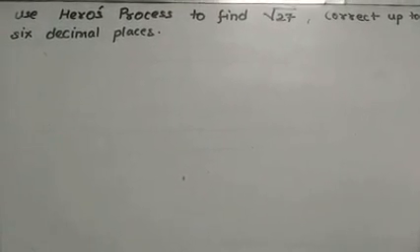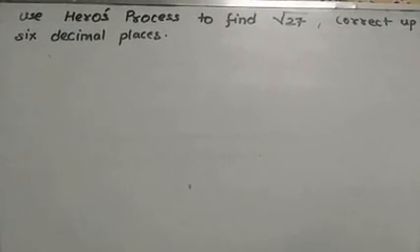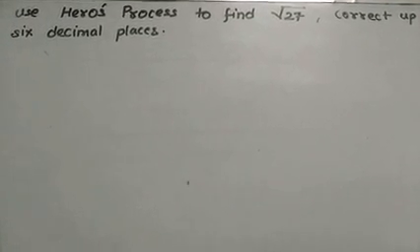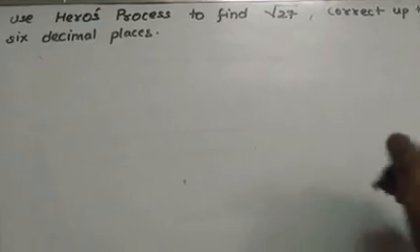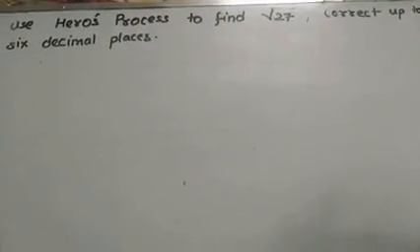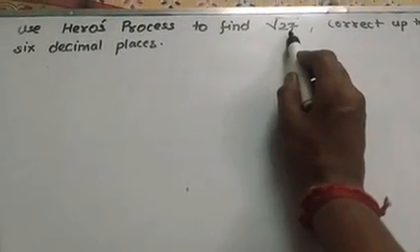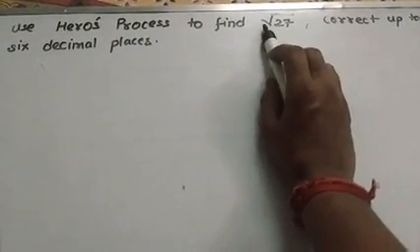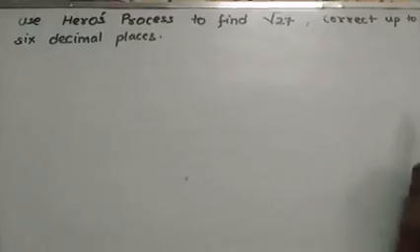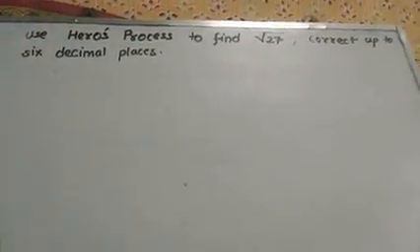So what we have to use here? Hero's process. Now first of all remember Hero's process was for the square root part. Okay, so that means you have to find here square root, and now the given question is square root of 27. That is what is the r here? Capital R here is 27, and square root means what is the value of q? Q value is 2, and we have to correct the answer up to 6 decimal places.